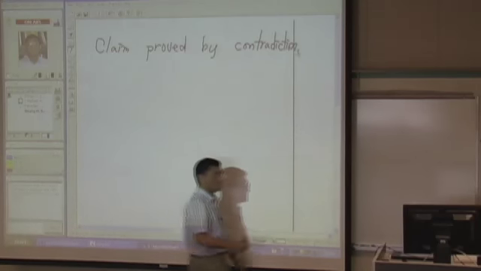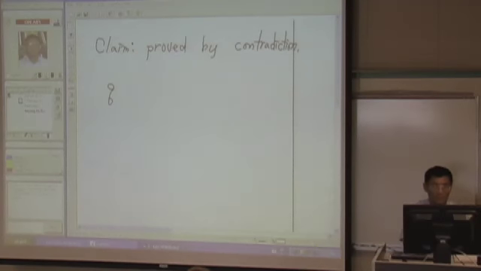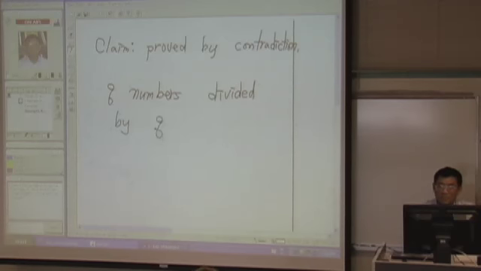In other words, q numbers, total q numbers, divided by q.